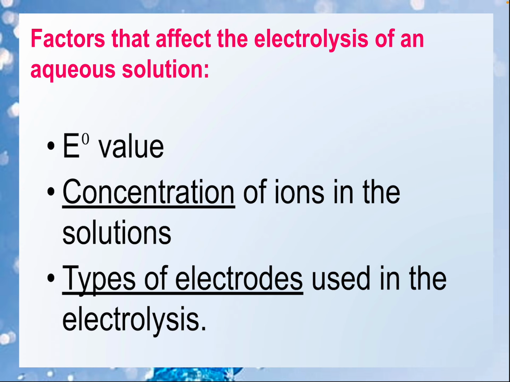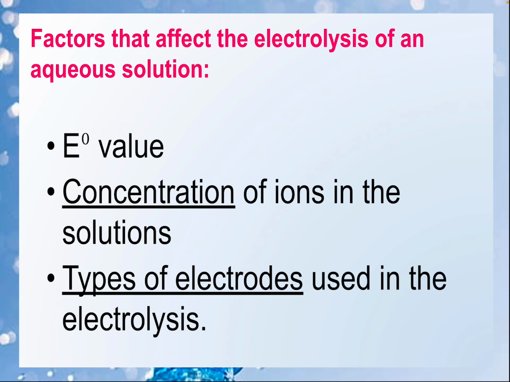So disebabkan ada more than one ions tu tadi, kita kena ada 3 faktor yang membolehkan kita nak pilih which ions will be discharged, which ions will undergo reduction, which ions will undergo oxidation. So there are 3 factors.